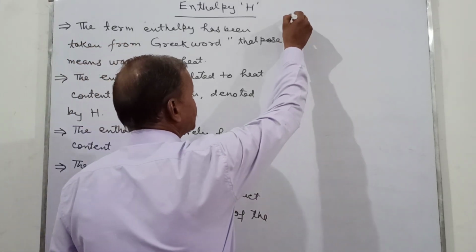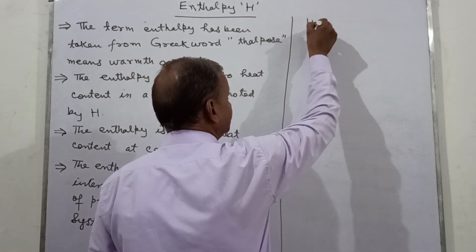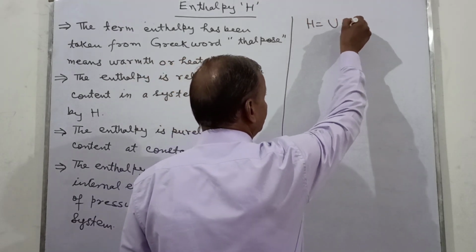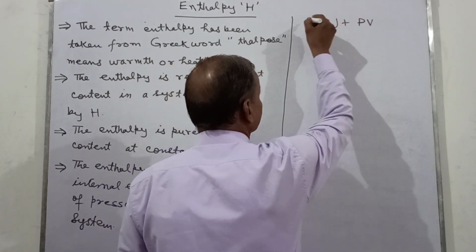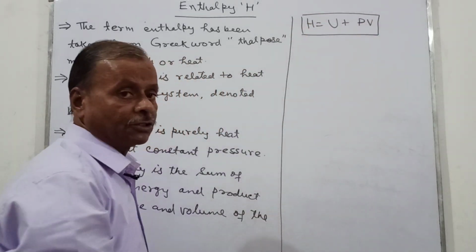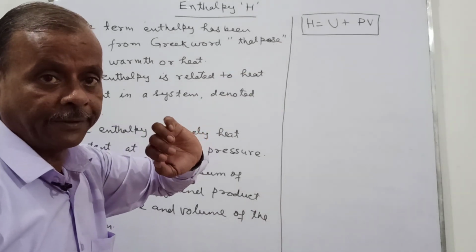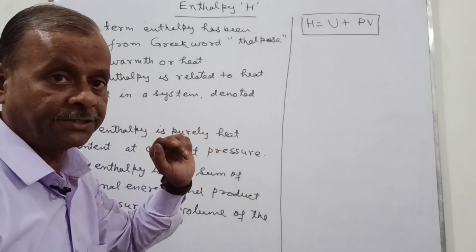It means that this enthalpy H equal to U plus PV. This is the formula for this enthalpy, and enthalpy is simply the heat.